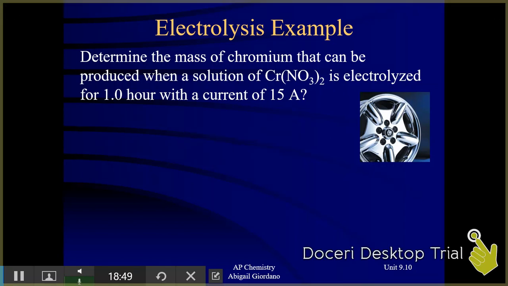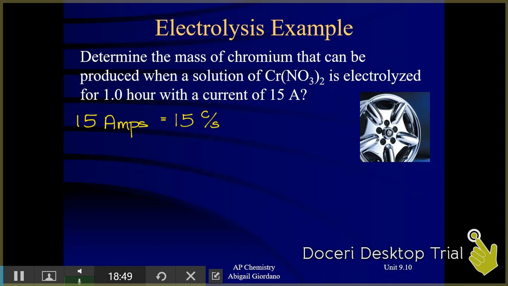Those of you that are in physics may already know this. There's another way to write the unit of amps. 1 amp is the same thing as a coulomb per second. Now, what is a coulomb?